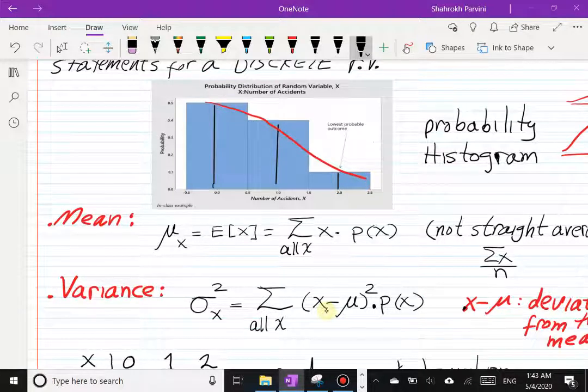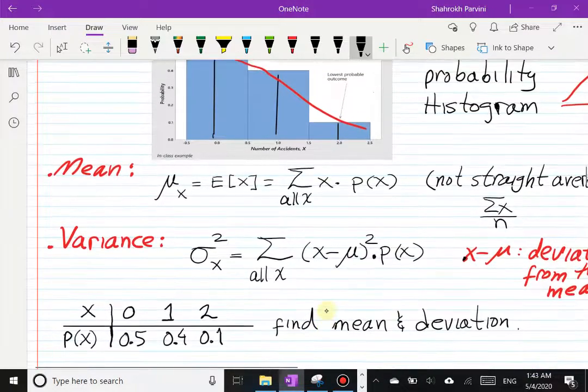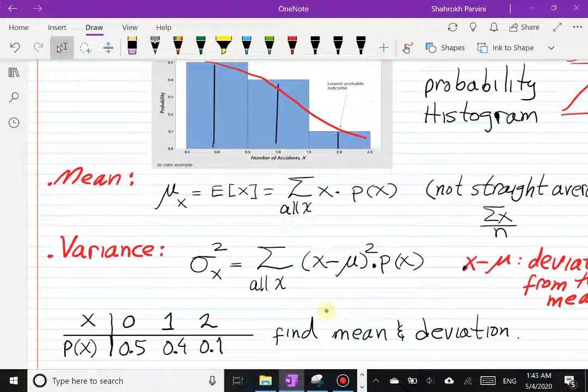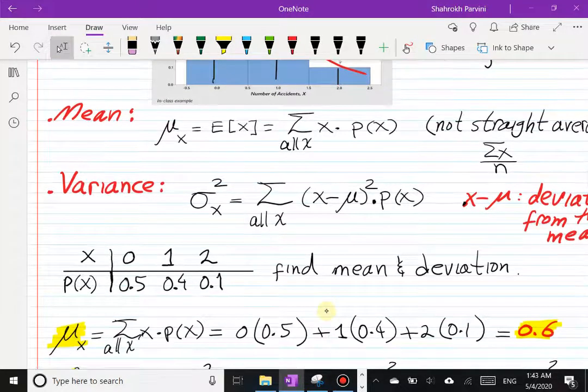Okay. Now, let's do that actually for our made-up example. I want to find the mean and deviation. So first, the mean. Remember, x p of x. So I'm going to multiply the outcome, that's 0, that's x. P of x is probability of that outcome. So I have 0 times 0.5.